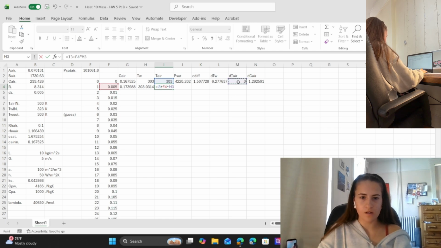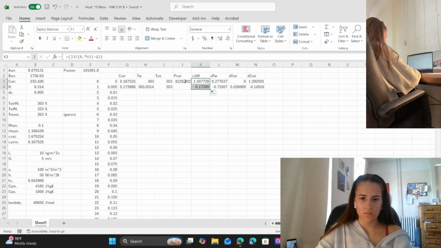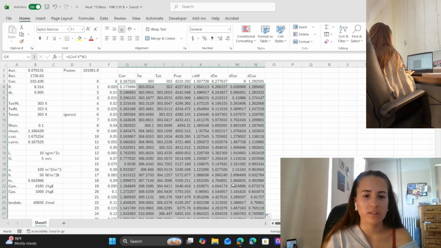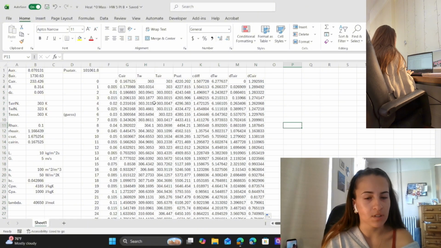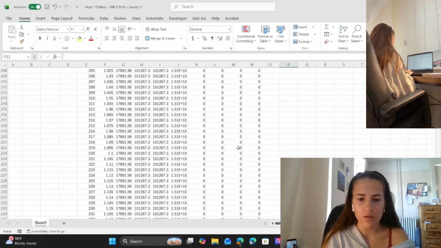T air. Okay, and then we can pull all of these values down. Did that slowly but surely. Okay, perfect. And then now we can send this all the way down. All right, so this is showing how all of these values are changing as we're going higher and higher up the cooling tower.